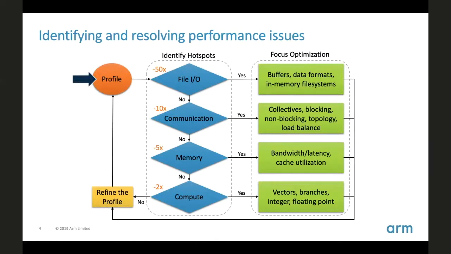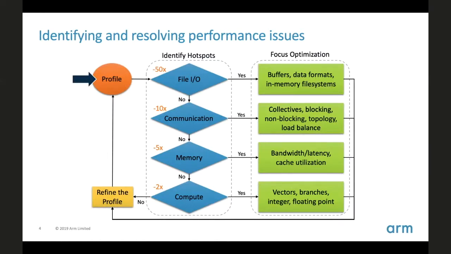For example, if you do file I/O in a bad way, you can easily see a 50 times performance degradation in your application. It's a subtle difference from saying that optimizing your file I/O will make your code 50x faster. That's not what I'm saying. I'm saying that if you take a naive approach, you may suffer severe performance degradation.